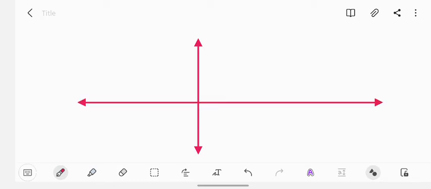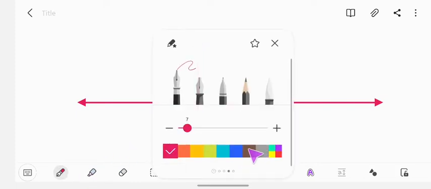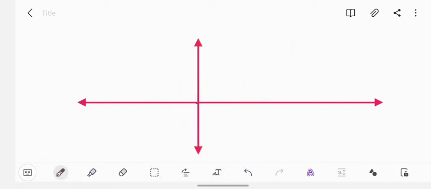First of all, I'll go step by step here. This is the origin, 0, 0. The question was of 2 and 3. So here x is positive and y is also positive, so it will lie in quadrant 1.